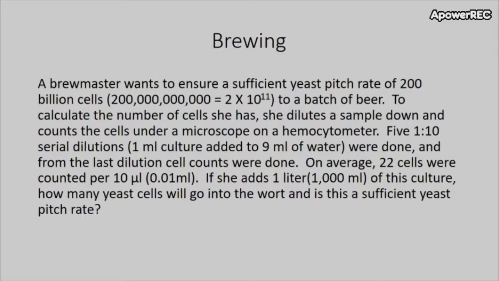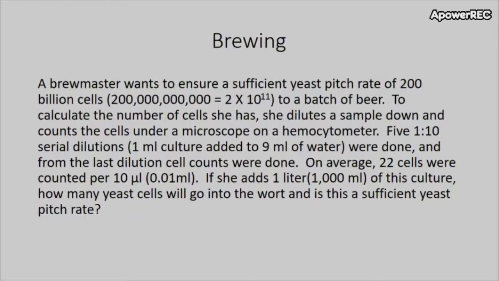There's 1,000 microliters per milliliter, but we'll stick to the 0.01 milliliters. If she adds 1 liter, and there are 1,000 milliliters in a liter, of this original culture, how many yeast cells will go into the wort, and is this a sufficient yeast pitch rate?